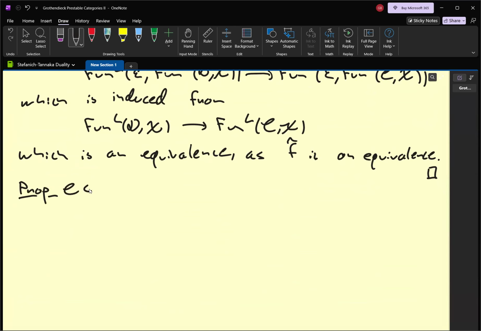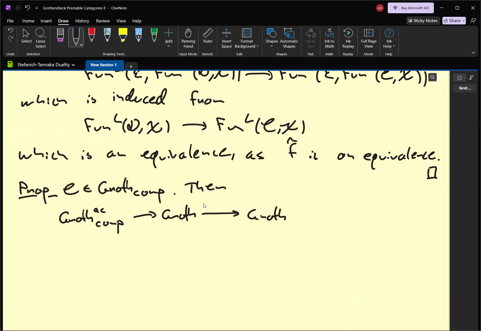If C is complete Grothendieck pre-stable, then this composite here preserves small colimits.